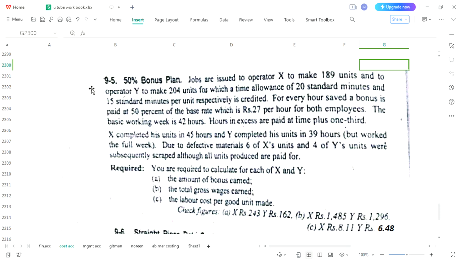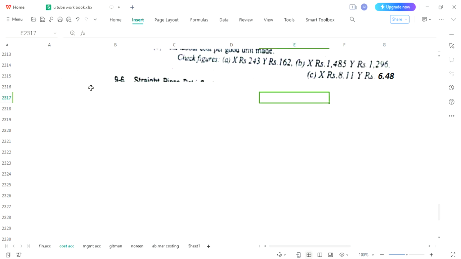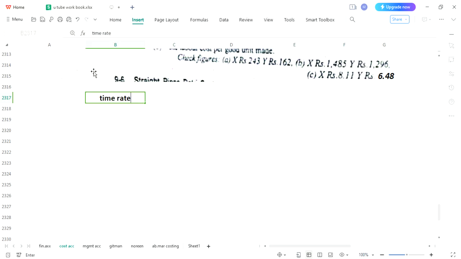As you know, there are two very basic methods. The first method is the time rate method, under which we just observe how many hours a worker works and multiply it by the rate per hour. Simple as this.